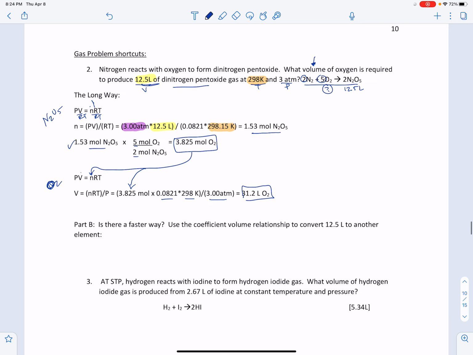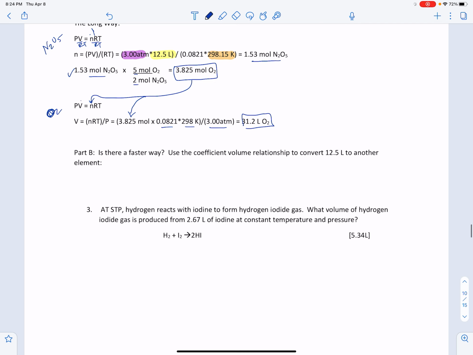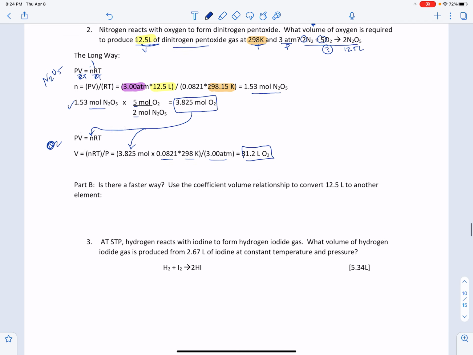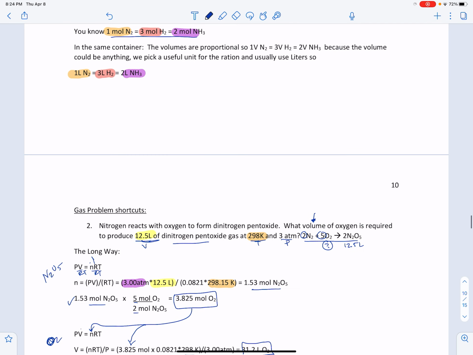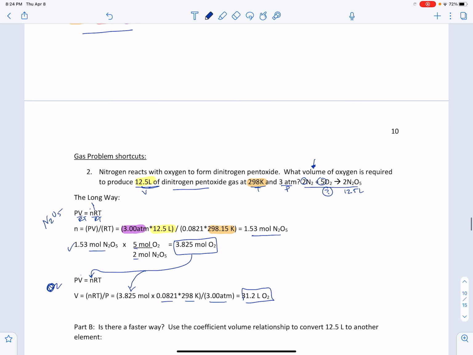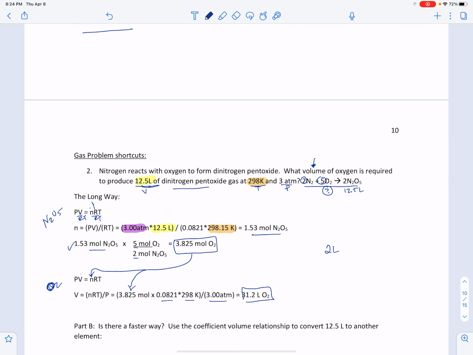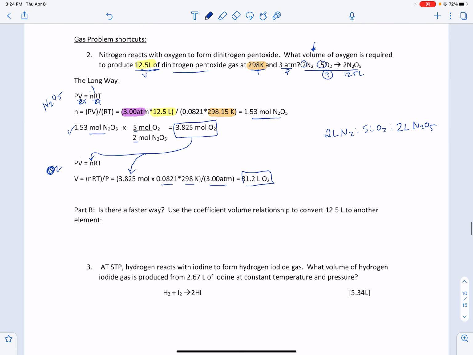Oh yes. So we're going to use the volume relationship that we were just talking about up here. So our volume relationship is that we have 2 liters of N2 that are proportional to 5 liters of O2 that are proportional to 2 liters of N2O5. So we'll take our 12.5 liters, and this is 12.5 liters of the dinitrogen pentoxide.